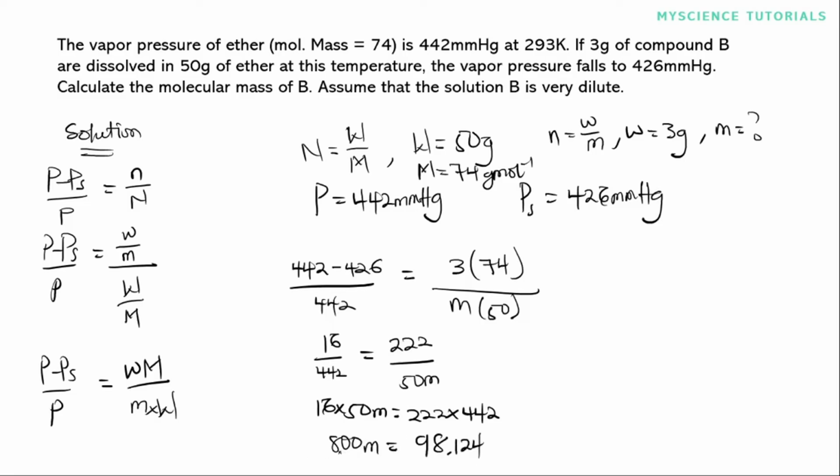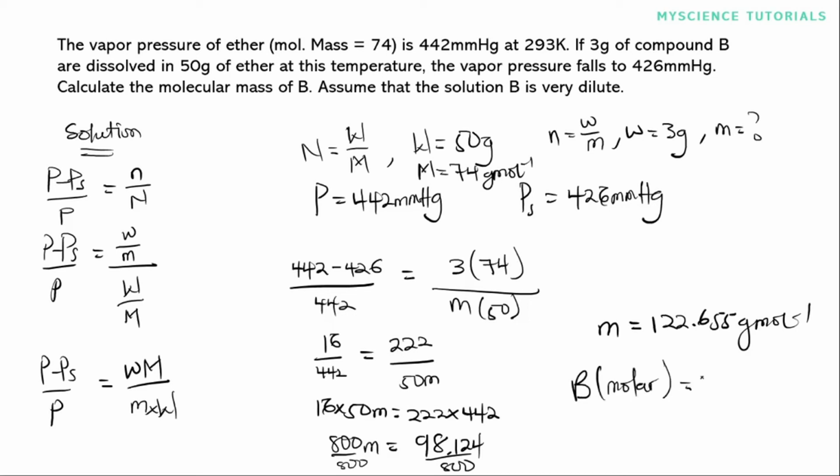We divide both sides by 800, so we have m equal to 122.655 gram per mole. So the molar mass of B is approximately 123 gram per mole.